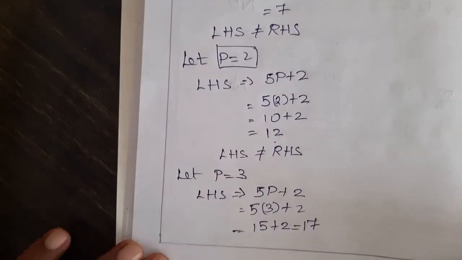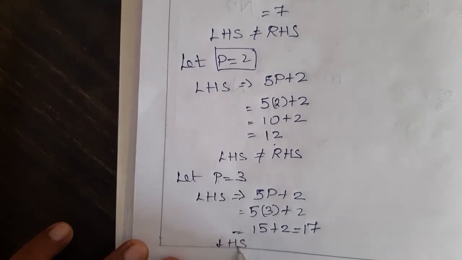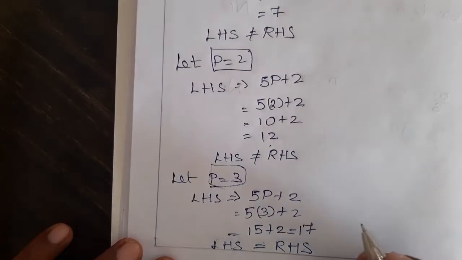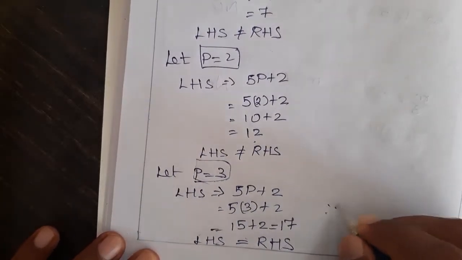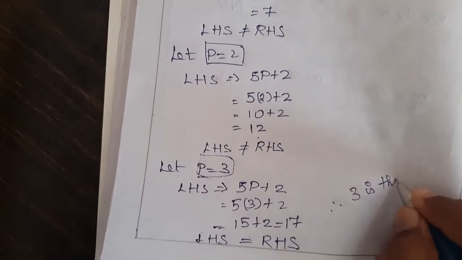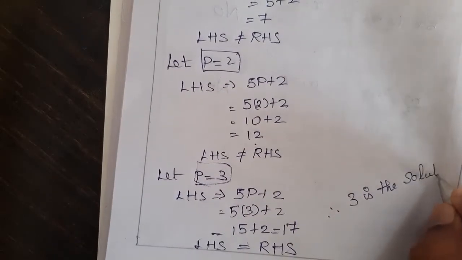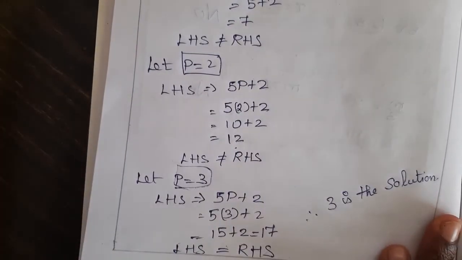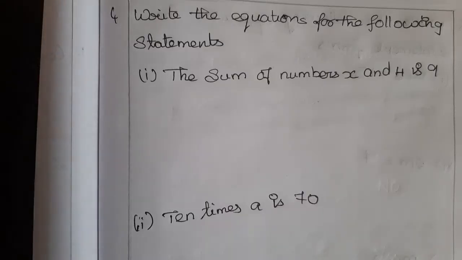So LHS is equal to RHS here. LHS is equal to RHS, for which value? 3, right? Therefore, 3 is the solution. 3 is the solution. Clear? Here we go for the next problem.